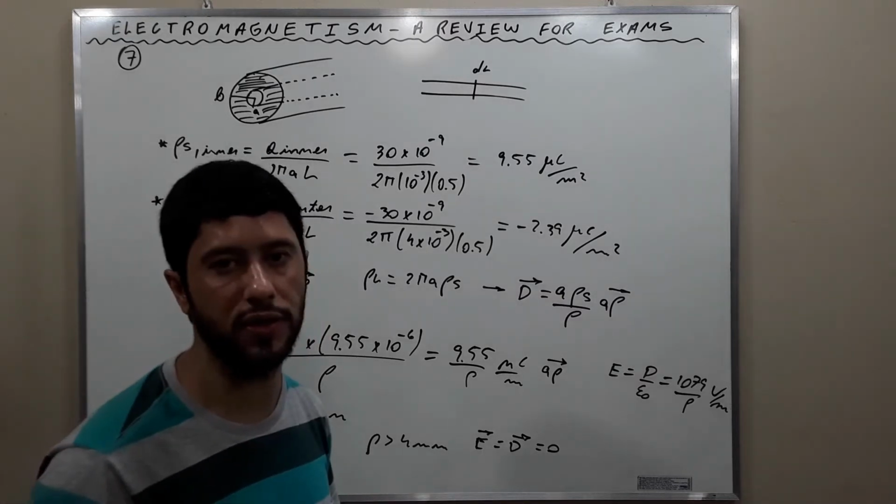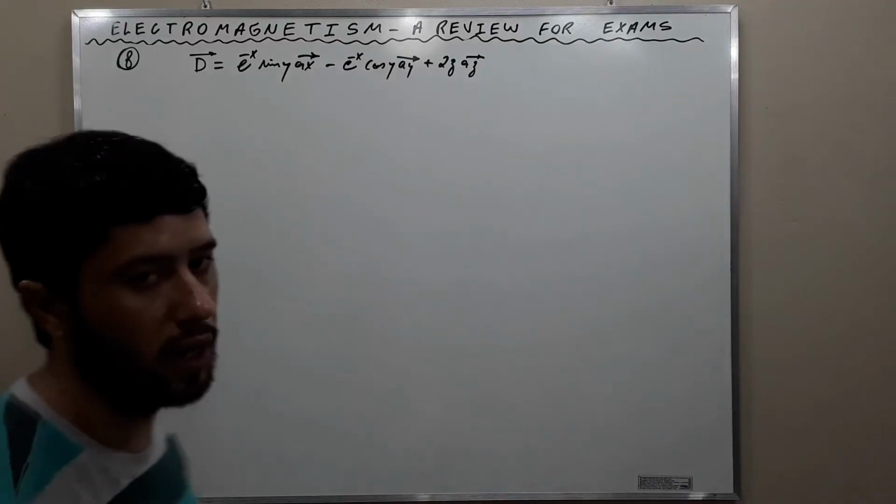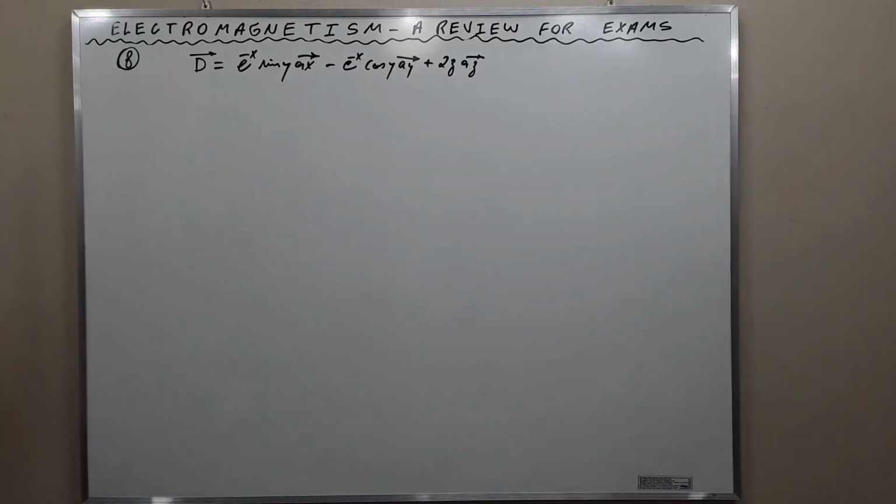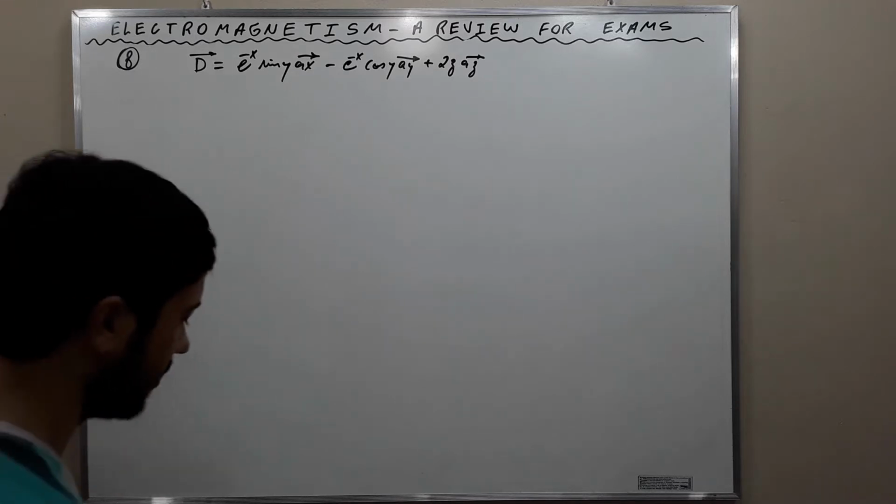Let's go to exercise 8 now. Exercise 8: calculate the divergence of D at the origin if D is equal to e to the negative x times sine y in the a x direction minus e to the negative x times cosine y in the a y direction plus 2z in the a z direction. Okay, this is the exercise.